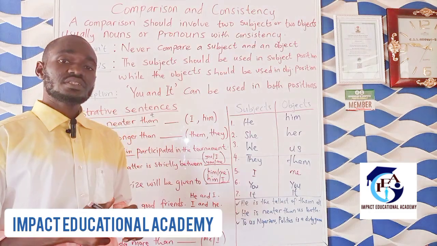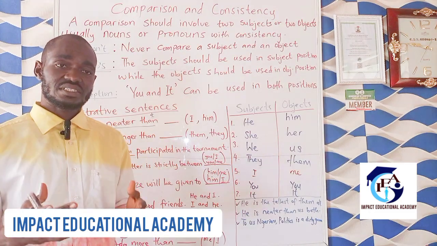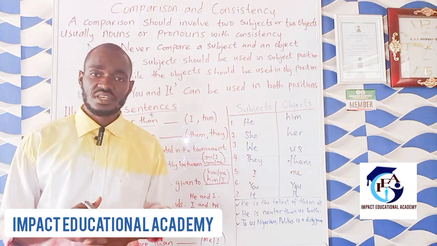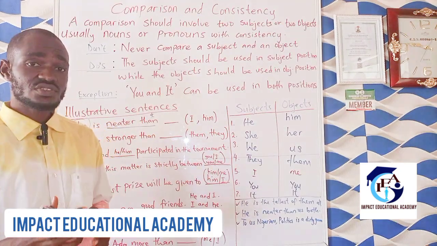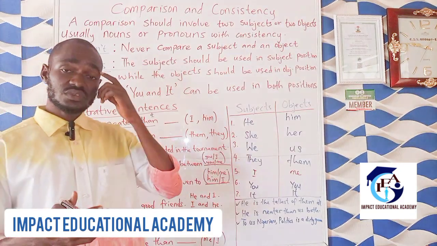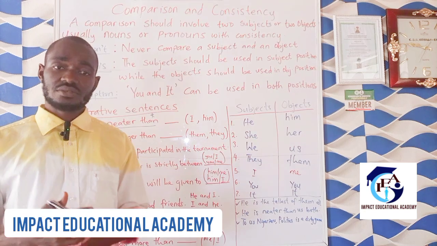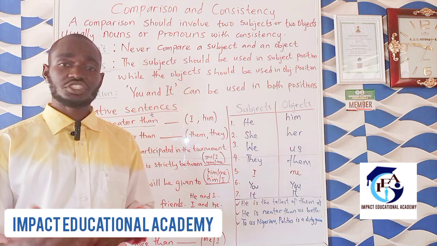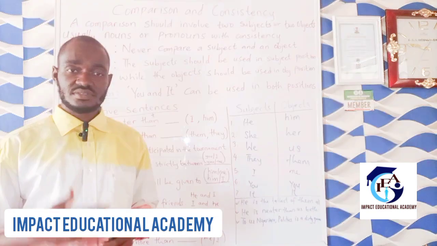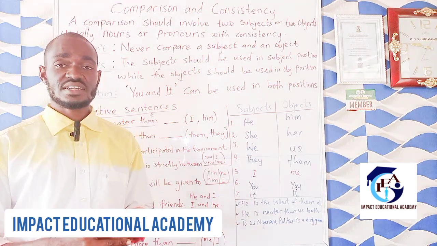And then we should remember the definition of pronouns. These are words that are used instead of nouns. Okay, we remember our pronouns: he, she, we, they, those, them, etc.